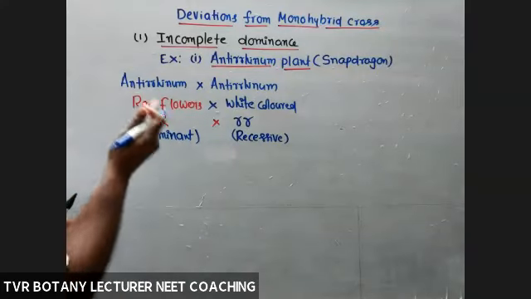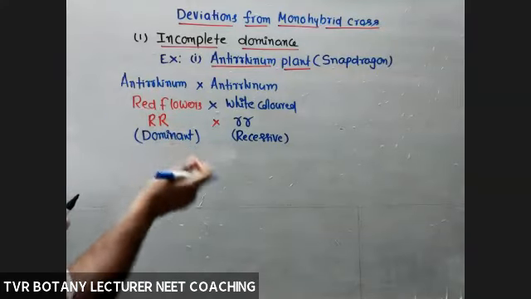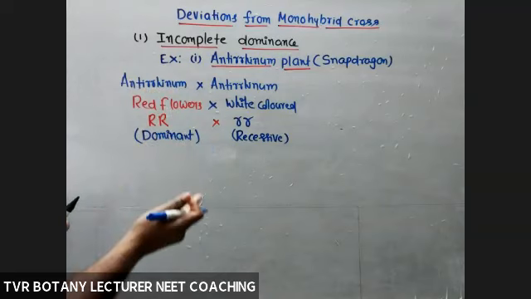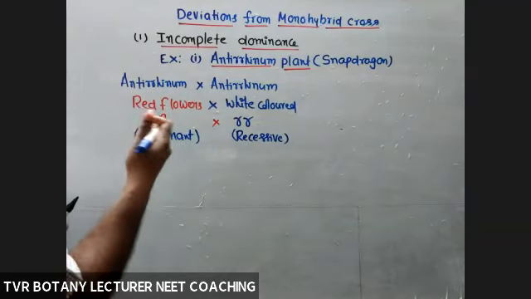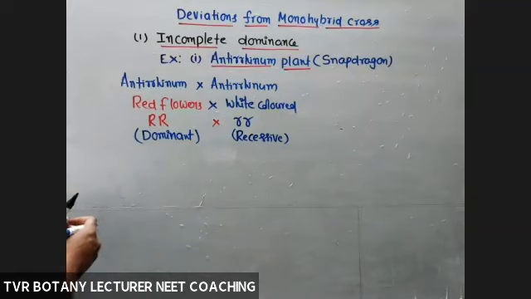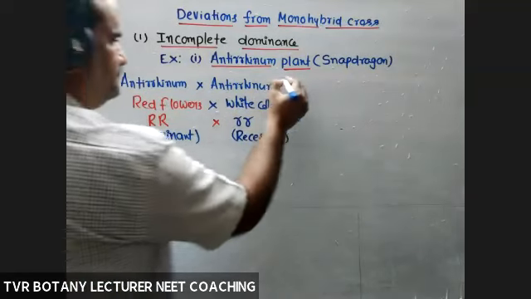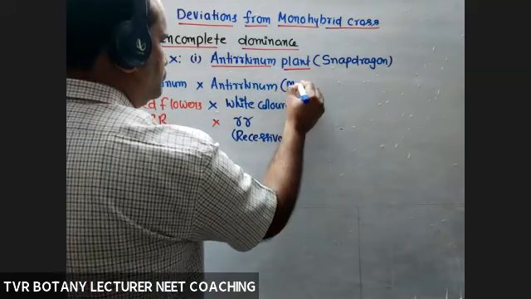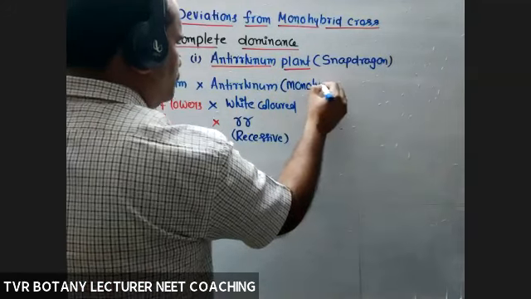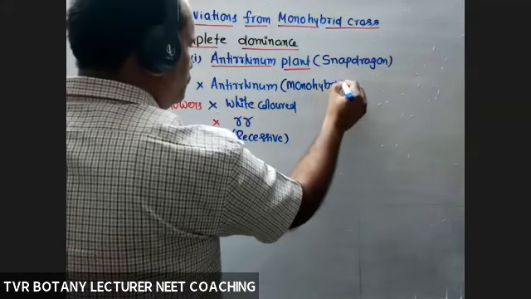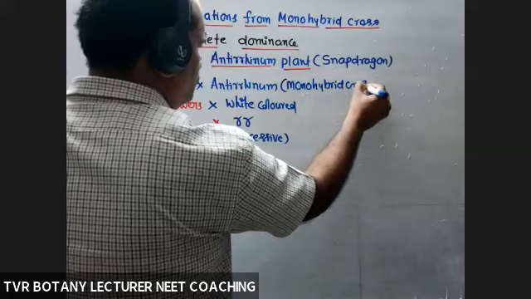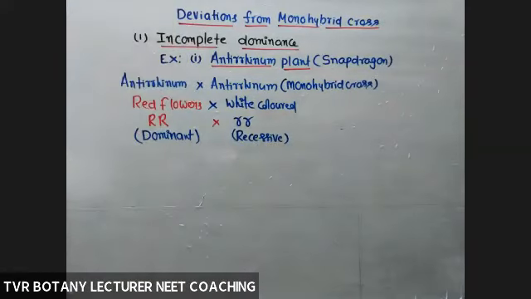Same method: emasculation, bagging, artificial xenogamous cross pollination, as in Mendel's monohybrid cross. This is also a monohybrid cross.